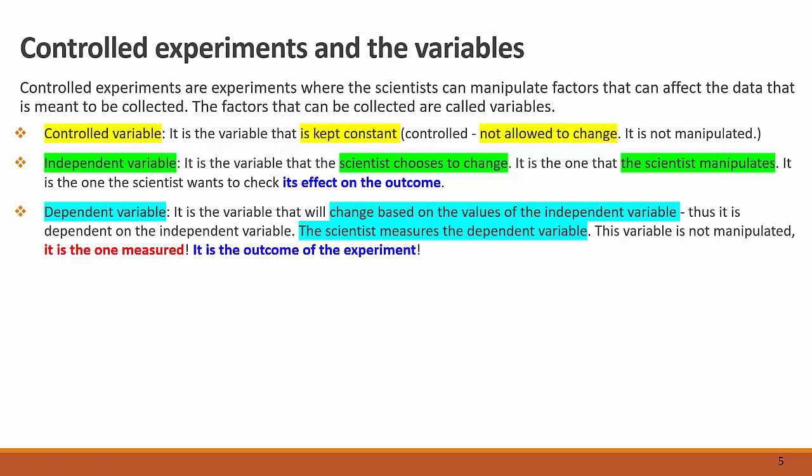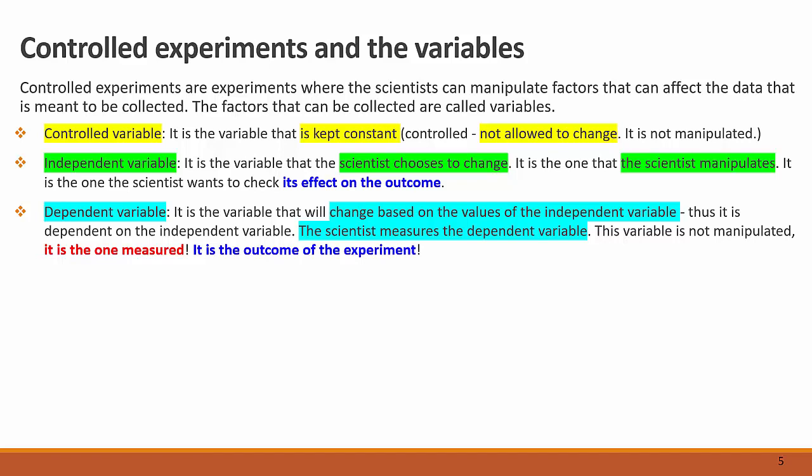Controlled experiments are experiments where the scientists can manipulate the factors that can affect the outcome, that can affect the data that we can collect from that experiment. So it is controlled when we can manipulate those factors.